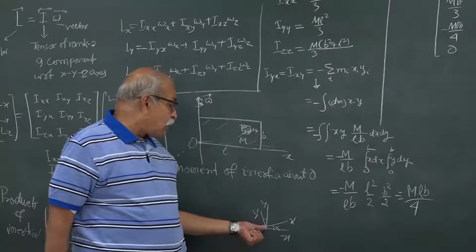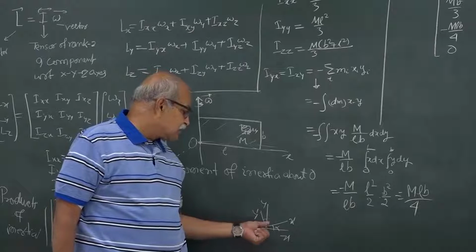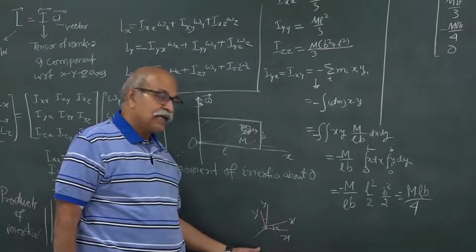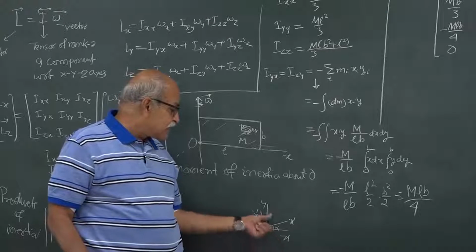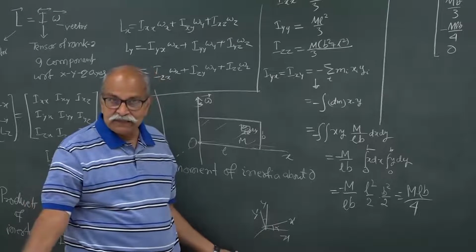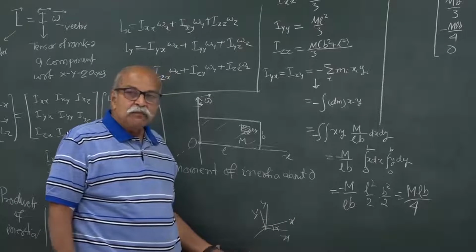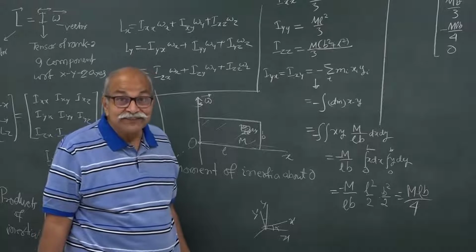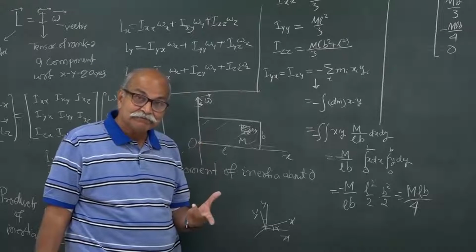You write the components of the vector in the directions of x prime, y prime, z prime, the components will be different. If you are using x, y, z axes, there are some components of a given vector. If you are using x prime, y prime, z prime, the components will be different, but the vector is not different, it is the same vector, it is a physical quantity.